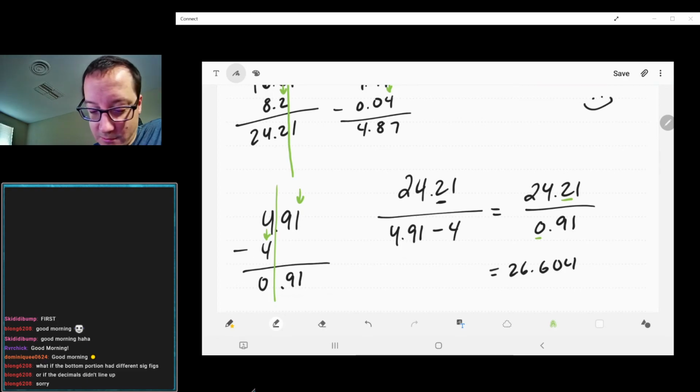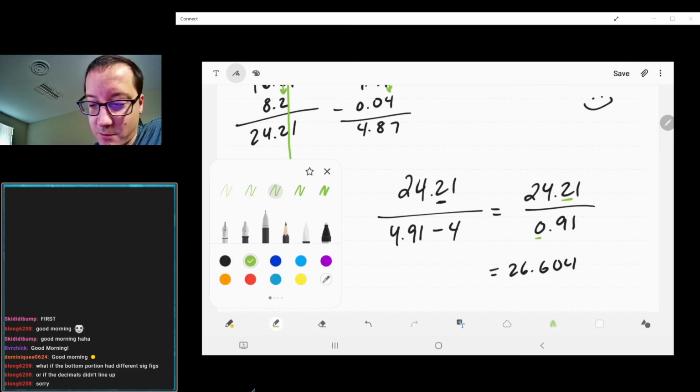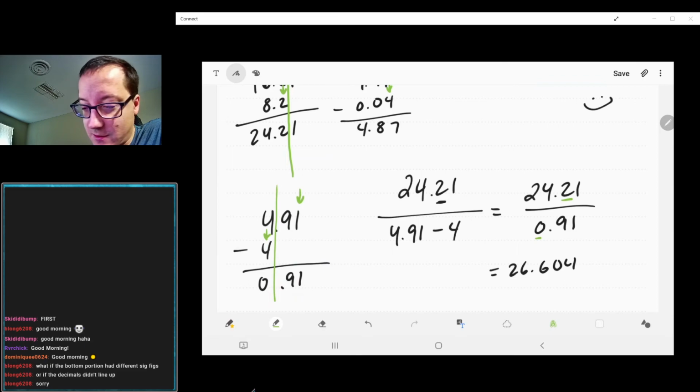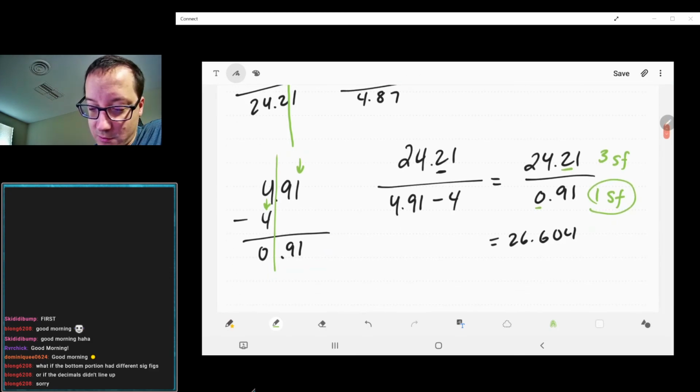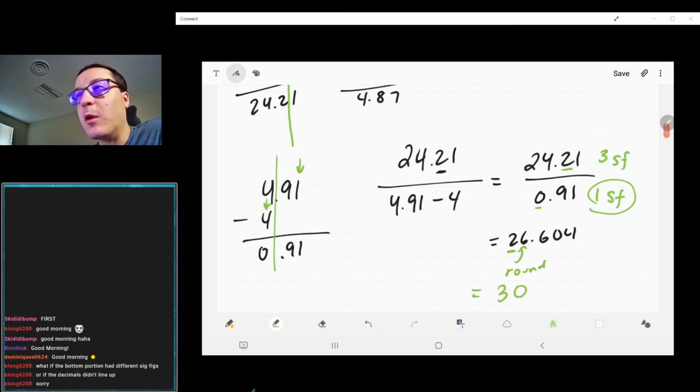If we look at the sig figs and somehow this number had 1 sig fig versus 3 sig figs, we would have to choose 1 sig fig. So we would have to keep that 2. We would have to round based on the 6, which would give us the answer of 30. If that was what we had there.